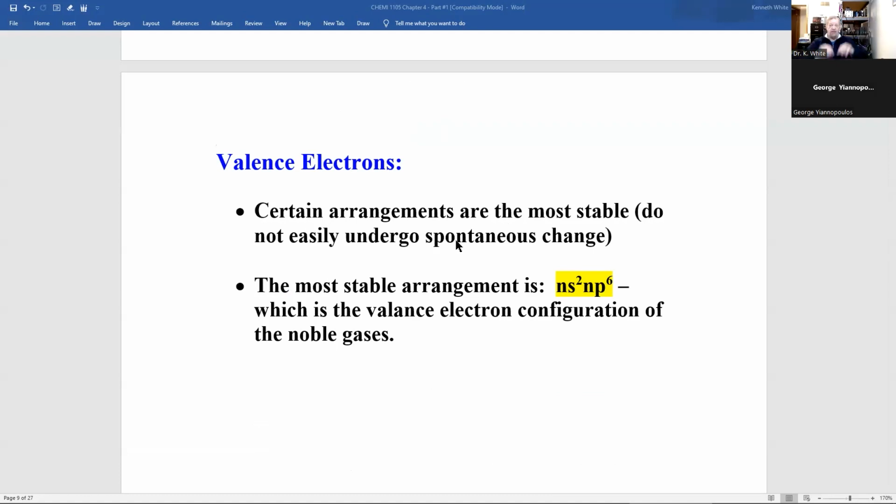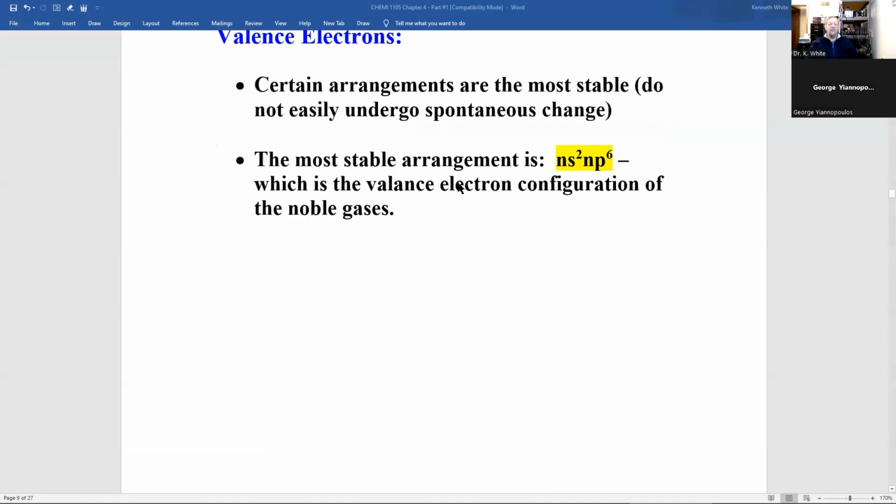And the most stable is ns2 np6, 2 plus 6, 8 valence electrons, which is the number of valence electrons that the nearest noble gas has.